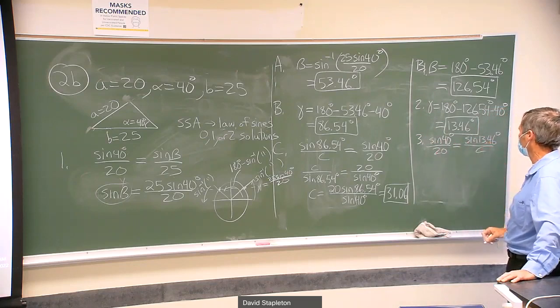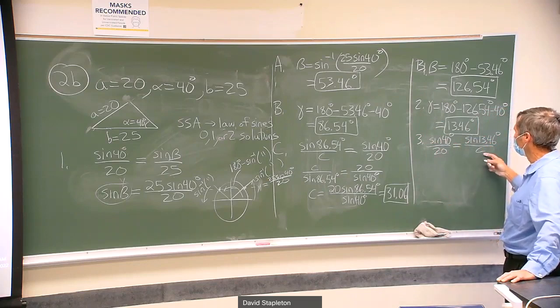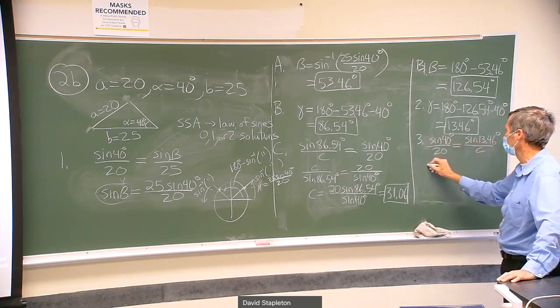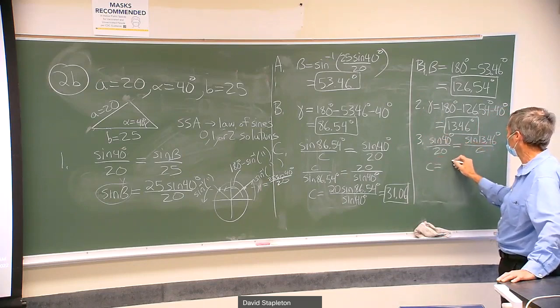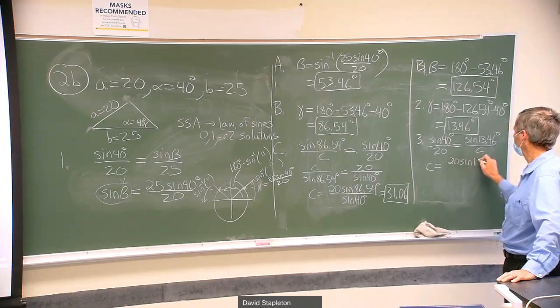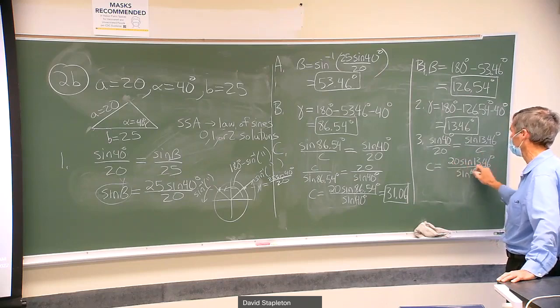And now, once you get used to this, you can start to do the algebra in your mind. Suppose I multiply by C on both sides and multiply by the reciprocal of this one. By algebra, it's 20 sine 13.46 degrees over sine 40 degrees. So you do these enough, you start to be able to do 2 steps in one.